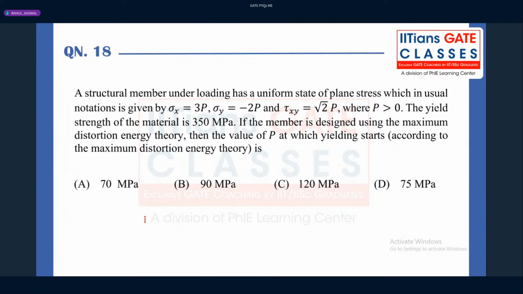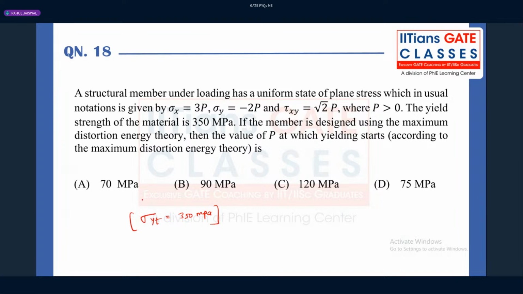Yield strength means they have given sigma yt. In the problem, if they mention yield strength in shear, then only we can write tau yield. If it is not mentioned like that, that means sigma yt it is given. If the member is designed using the maximum distortion energy theory, what is the value of P at which the yielding will be started taking place?